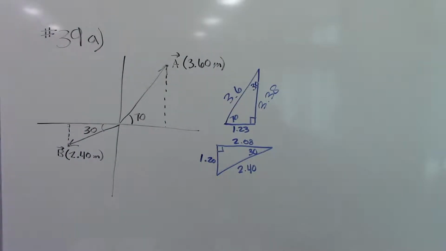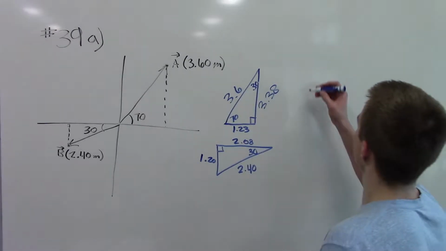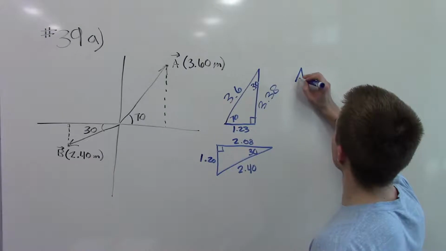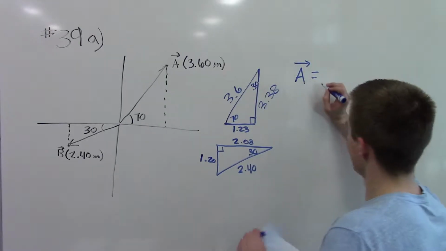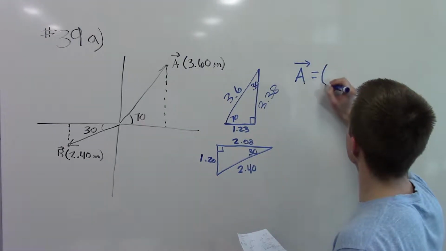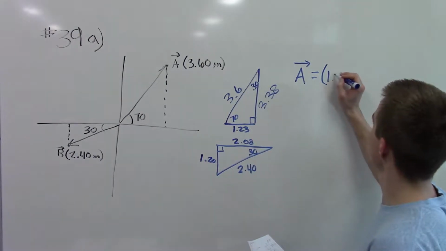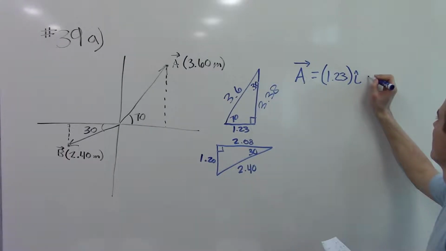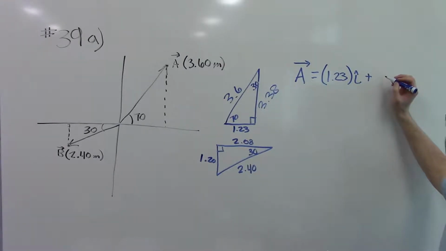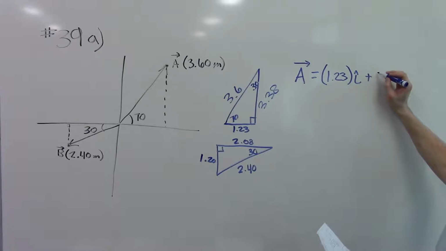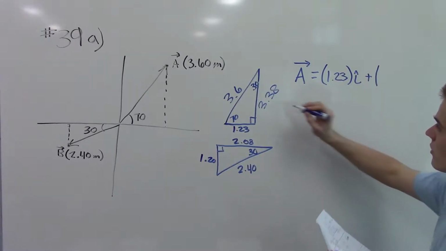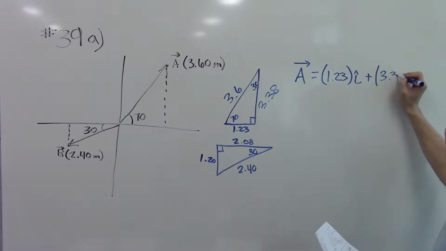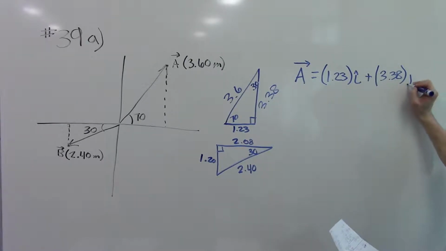So now that I've solved both triangles, I can write each vector in terms of the unit vectors i hat and j hat by doing this. Vector A is equal to 1.23, because that's i hat, plus 3.38 j hat.